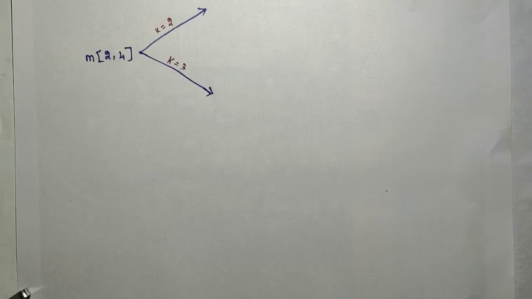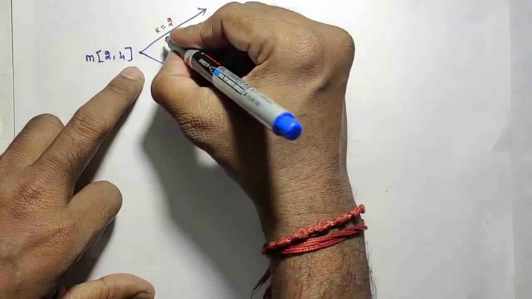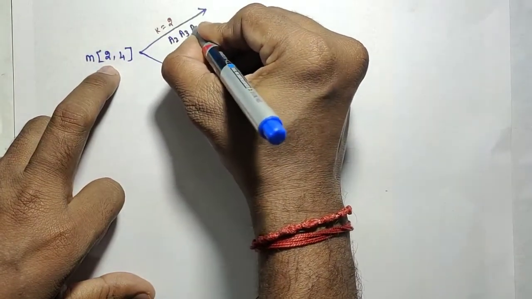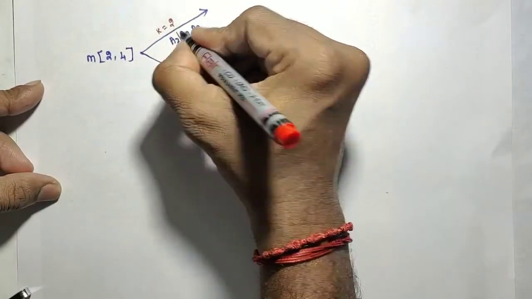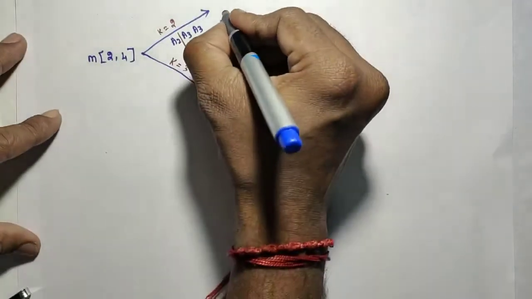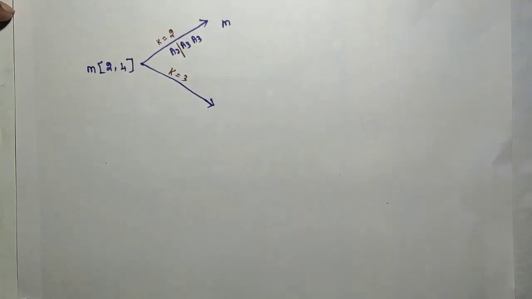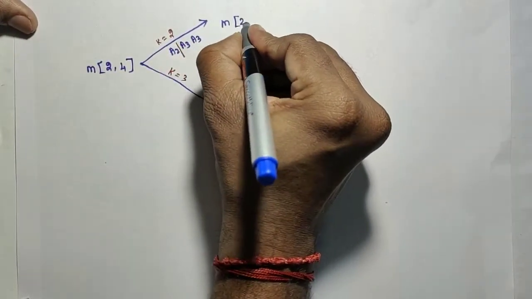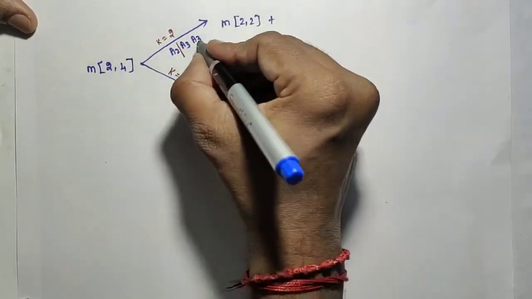So now, k equal to 2 means for A2, A3 and A4, the split occurs at 2. So we need to write m of A2 to 2, that is 2 comma 2, plus m of 3 to 4, for A3 and A4.